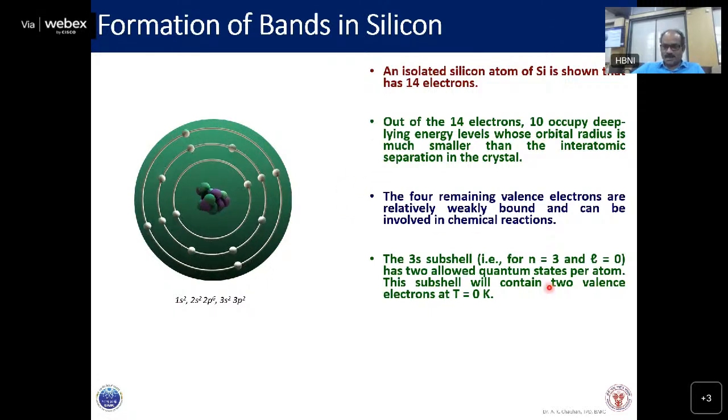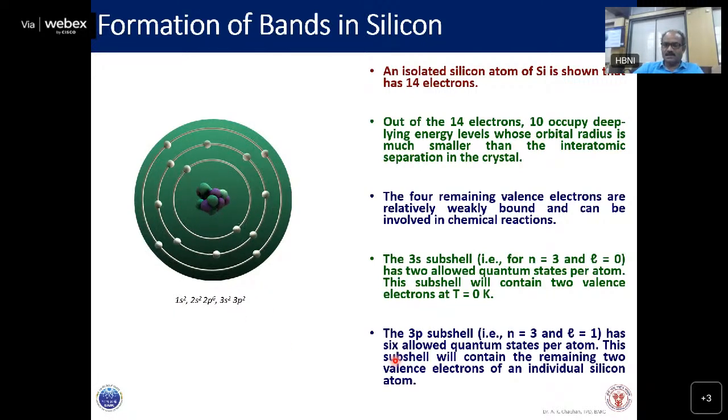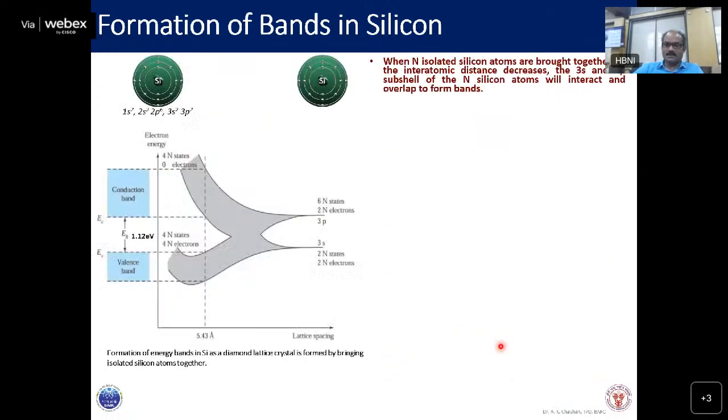For the 3s subshell, n is equal to 3 and l is equal to 0. It has 2 allowed quantum states, and p has 6, but since only 2 electrons are available, 2 electrons occupy the p state at 0 Kelvin. Out of these 6 allowed states, 2 are in p and 2 are in the s state.